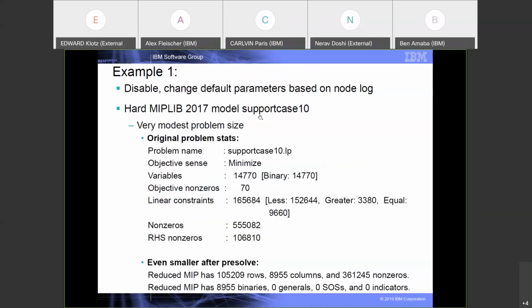So this is what's called a hard MIPLIB model, which means that it's been solved to optimality in some way, but not by any solver with default settings within an hour. The problem is pretty modest in size, and even smaller after CPLEX's presolve finishes.